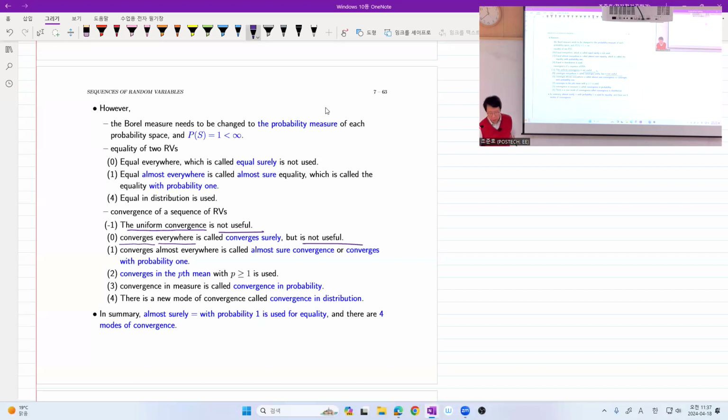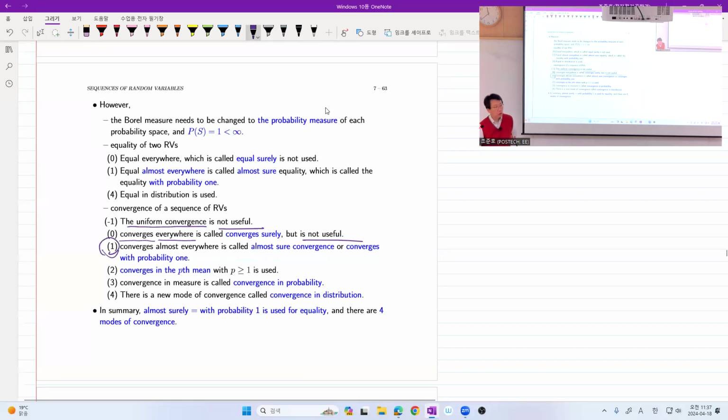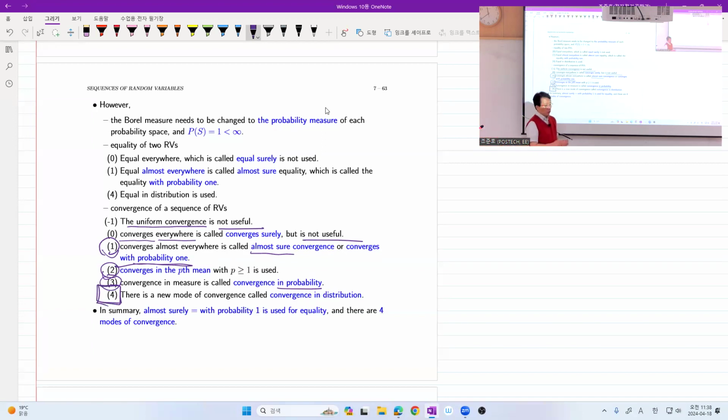So what is important is what? First, the convergence almost everywhere, which is now called convergence almost surely, or convergence with probability one. Second, convergence in the p-th mean with p greater than or equal to 1. Third, convergence in measure. Now it is called convergence in probability measure, or simply convergence in probability. Okay. And the fourth one is related to what we've just seen for the equality of two random variables, where we introduced the notion of equal in distribution.